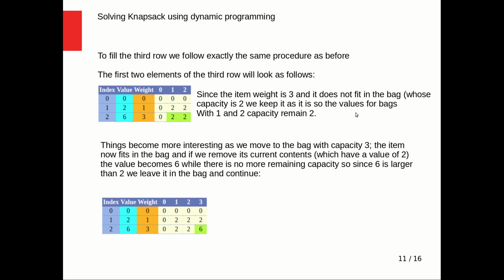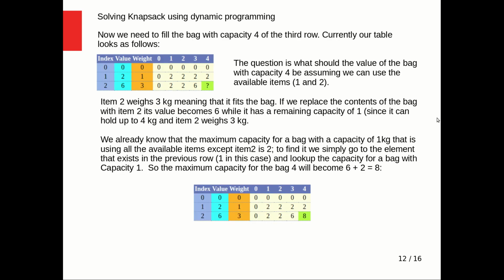Now let's go and add the fourth one. The fourth is even more interesting. As you see, I have it with a question mark, meaning we have seen how we populated the first line, everything 0, the second line, the third.